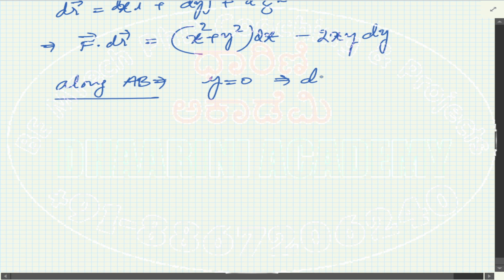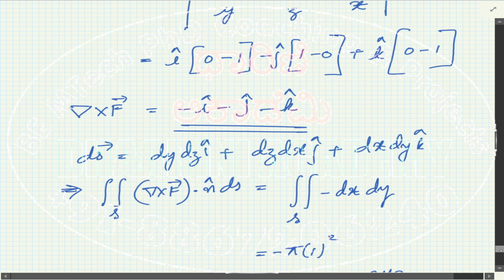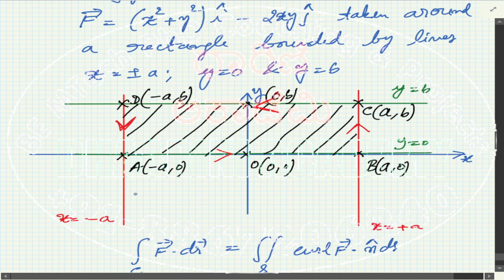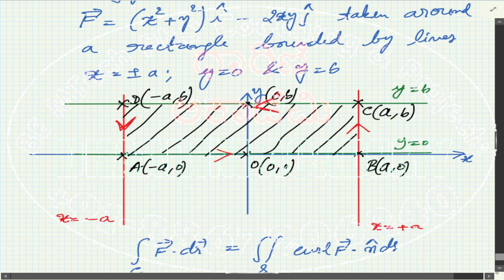This means wherever I see dy, that is also 0, because y is 0 indicates dy is also 0. And what is the limit of x along this x-axis? I have to move from minus a to plus a. Only that is the limit of x. Let's verify: I have to move along this line from here till here only, not after that. The x-axis for this shape will not extend beyond that, correct? That's why we wrote it in this fashion.